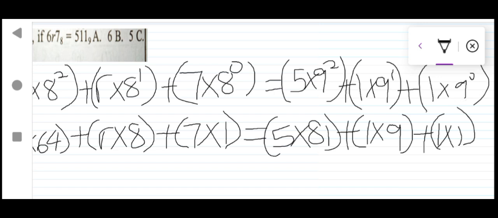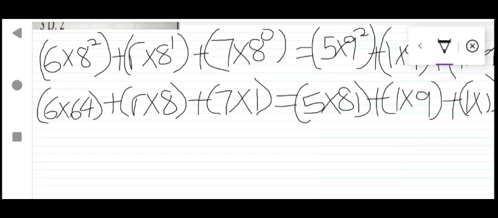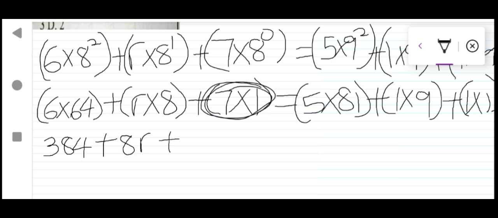So let's go solve this bracket. The first we have there is 6 multiplied by 64, and that is 384. r multiplied by 8 gives 8r, and 7 multiplied by 1 gives 7.